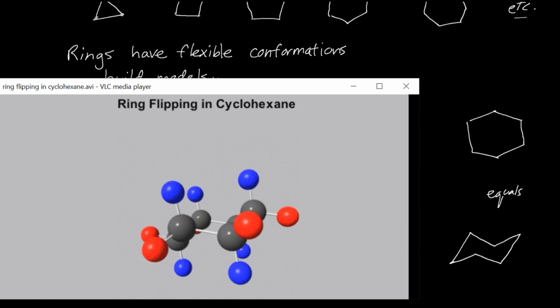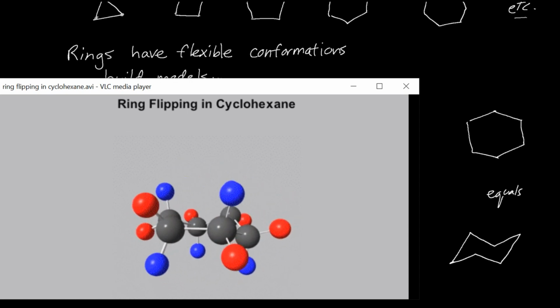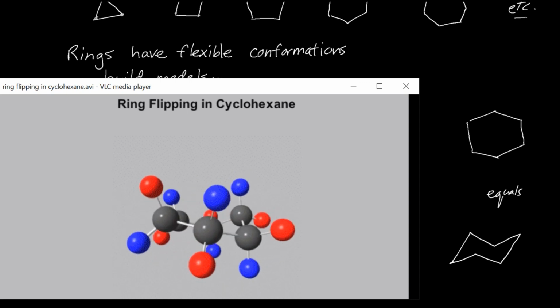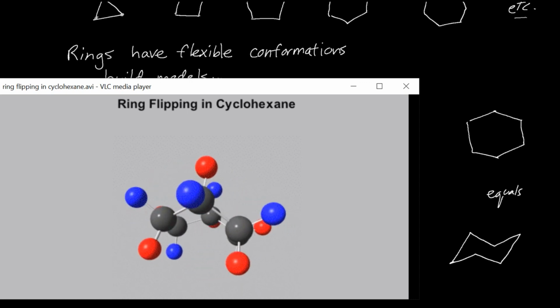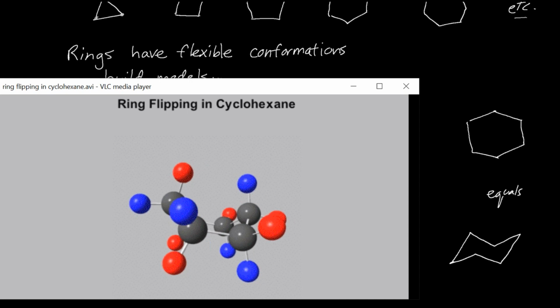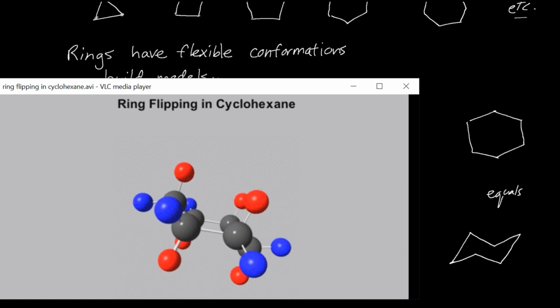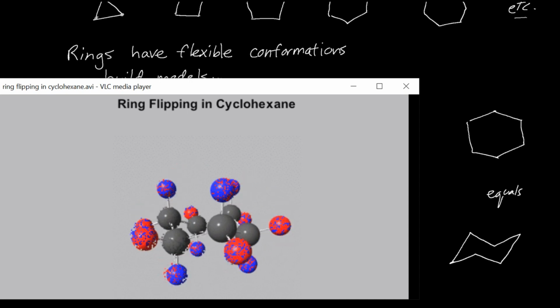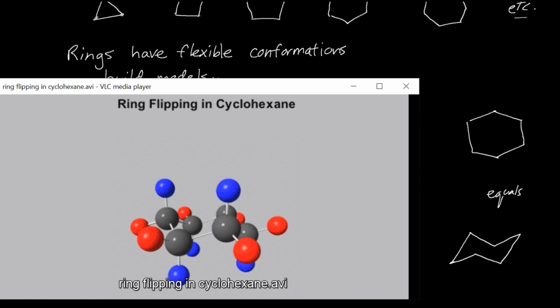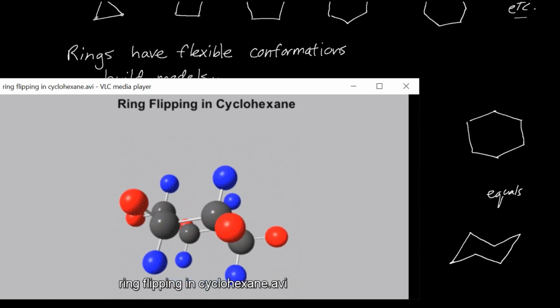So depending on what's attached in those positions, the reds and the blues, the molecule will flex and do this sort of ring flipping until it reaches its lowest energy state. It's actually a pretty important concept in organic chemistry.